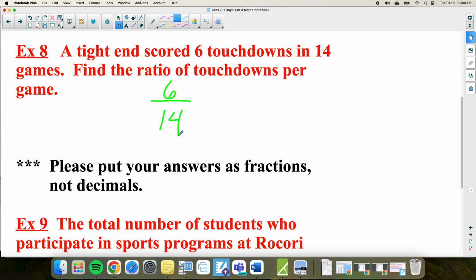When you do this, though, you have to reduce fractions if you can. What goes into 6 and 14? 2, right? 2 goes in here 3 times, 2 goes in here 7 times. Don't write them as a decimal, even if the book asked you to, leave them as a fraction, a reduced fraction.